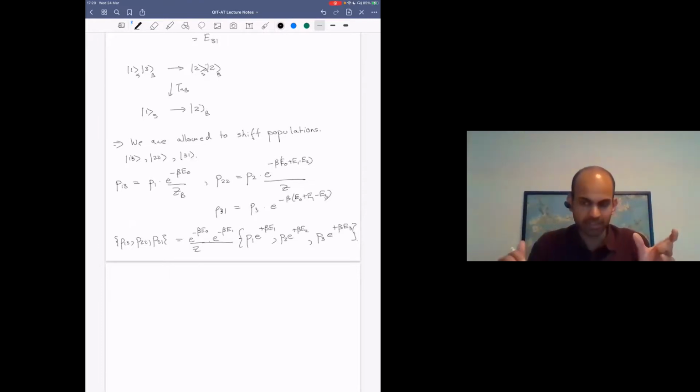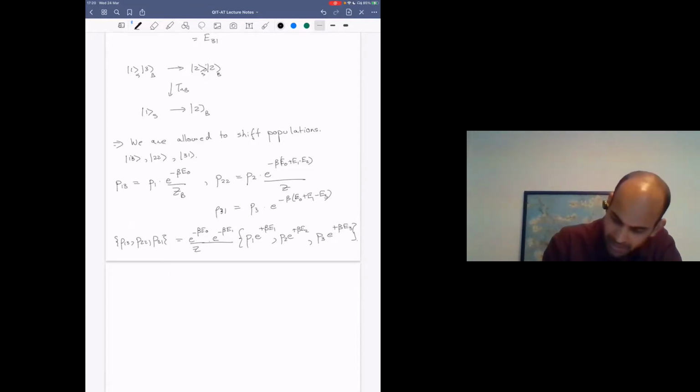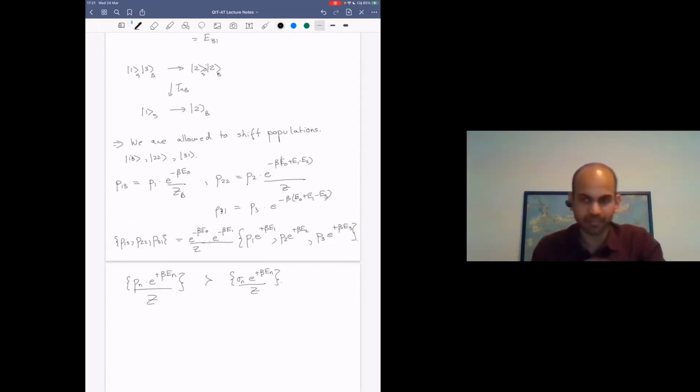It's if the original set of eigenvalues majorizes the final set of eigenvalues, which is why the vectors that we have to look at are the vectors p_n e^{+βE_n}/Z corresponding to ρ to majorize σ_n e^{+βE_n}/Z.